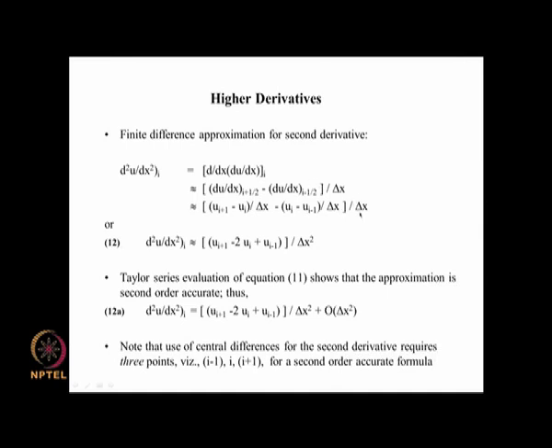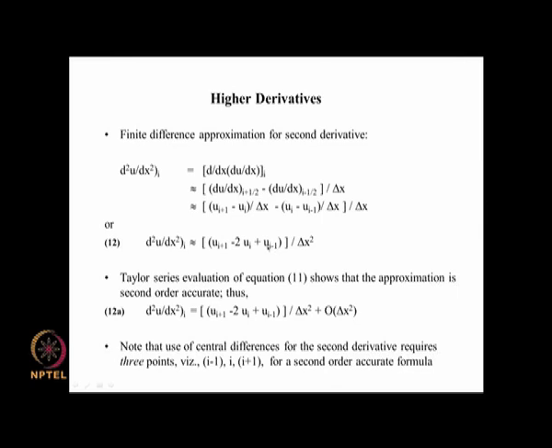Now if you expand this and bring the terms together, you have a formula for d square u by dx square at i as ui plus 1 minus 2 ui plus ui minus 1, all divided by delta x square, because delta x is the same and you have minus ui here and minus ui here, and this minus and this minus together give you plus.